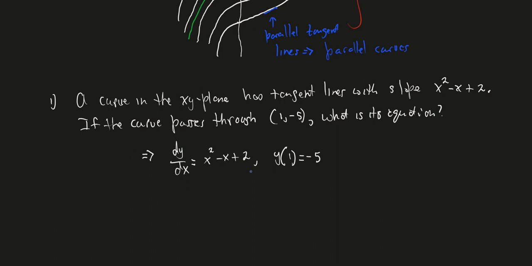Some of these you'll hear a lot more in more advanced courses. But notice what we have here: an equation, and this equation involves a derivative, because we know that the derivative of our curve is x squared minus x plus 2. We don't know what the equation for the curve is just yet; that's our goal.